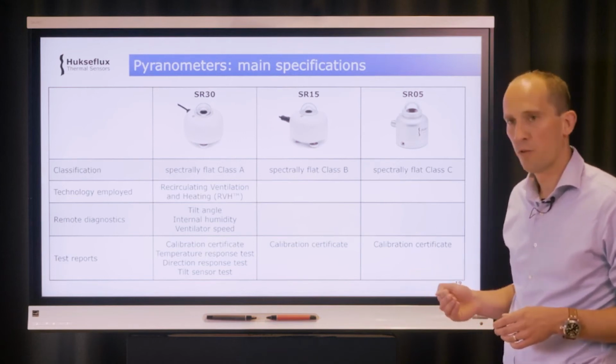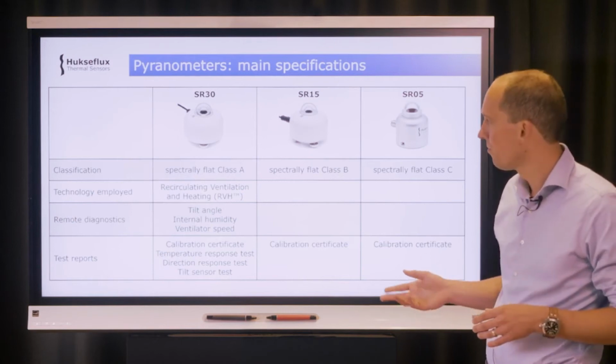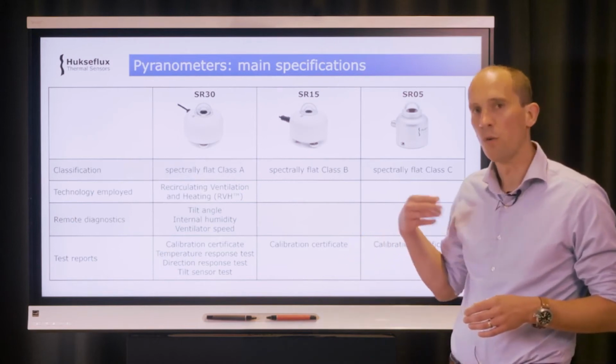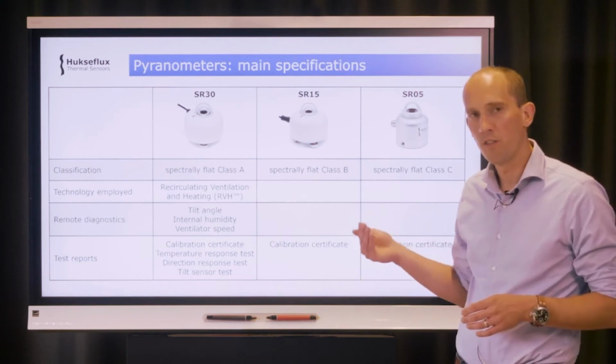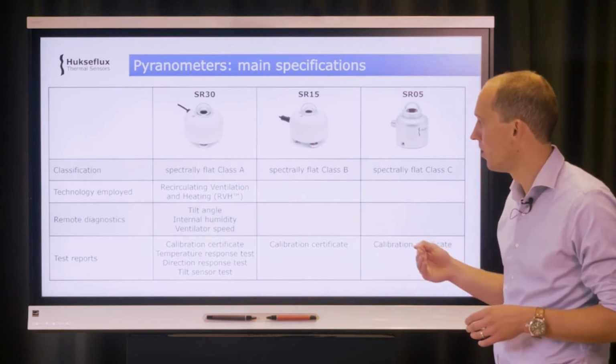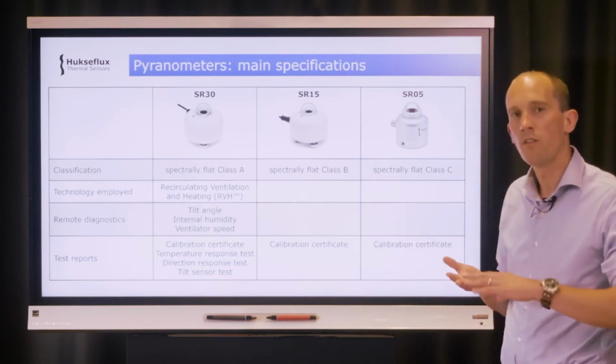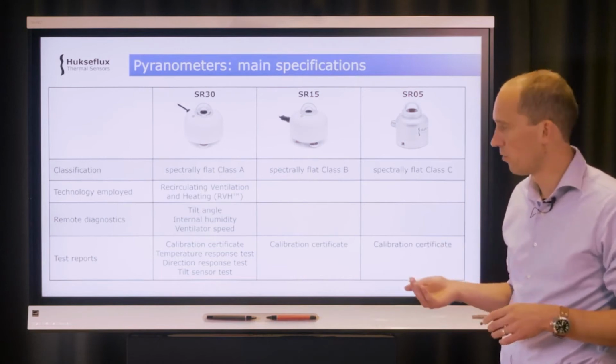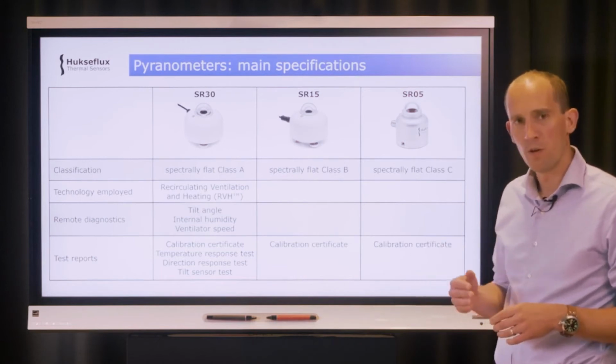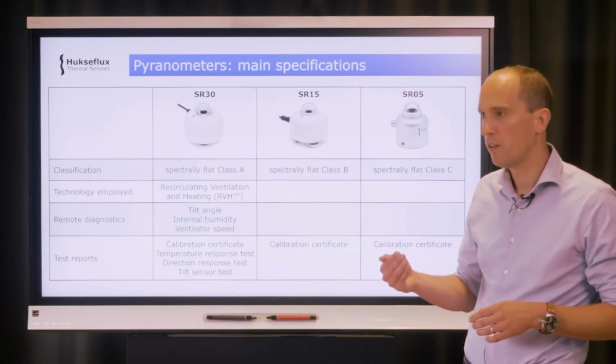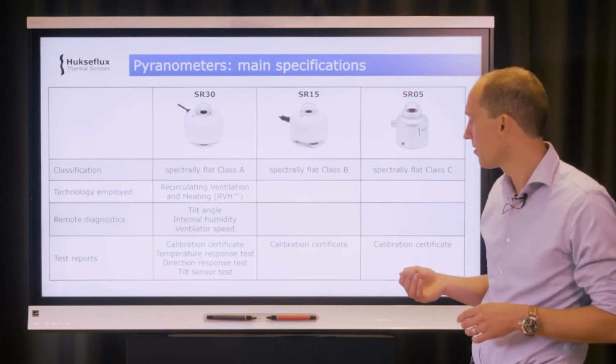And it also offers what we call remote diagnostics. So this instrument will not only give you the solar energy, it also gives you measurements of the tilt angle of the instrument, humidity inside the instrument, the speed of your ventilator. I will talk about how these things help you in a good measurement later.